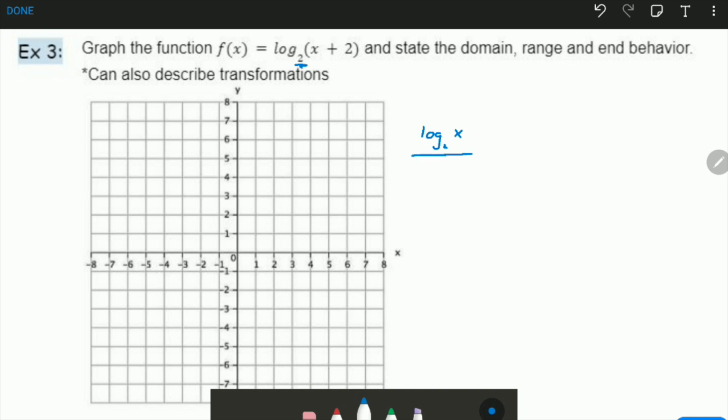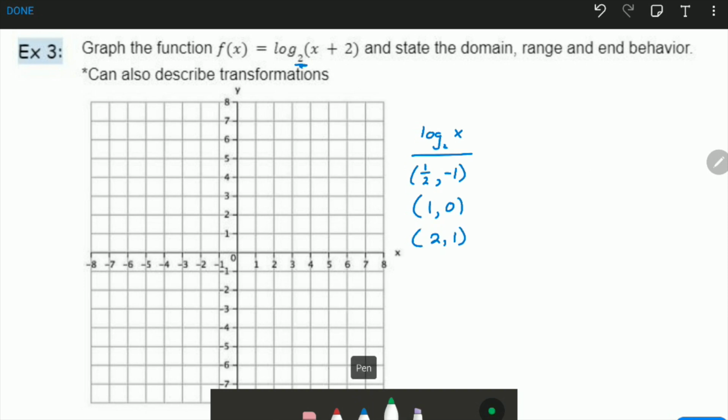which means some ordered pairs that you can apply transformations to help you out would be 1 over 2, comma, negative 1, 1, comma, 0, and 2, comma, 1.